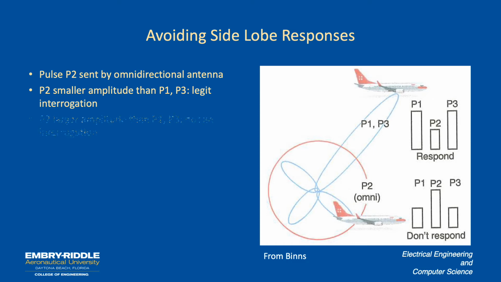On the other hand, the lower aircraft there is looking at one of the side lobes, so it's receiving P1 and P3 through the side lobes, which have a lower amplitude than that going out through the main lobe. And so the P2 pulse coming from the omnidirectional antenna will be bigger than P1 and P3, and the aircraft knows not to respond.